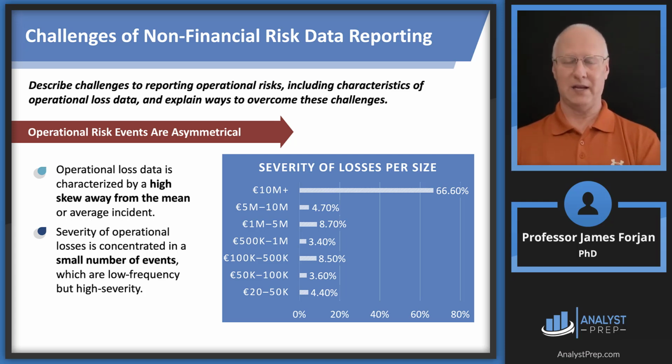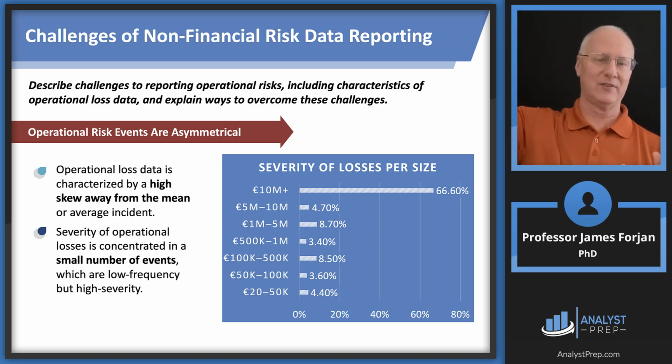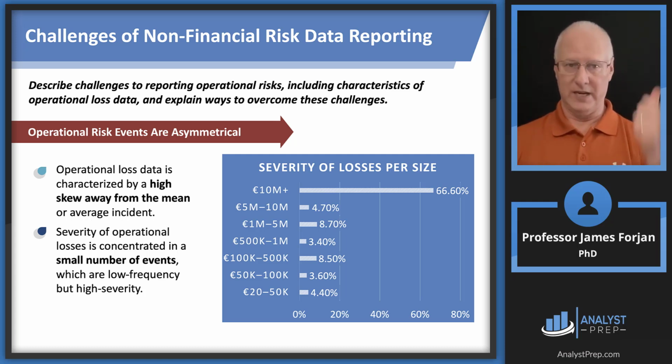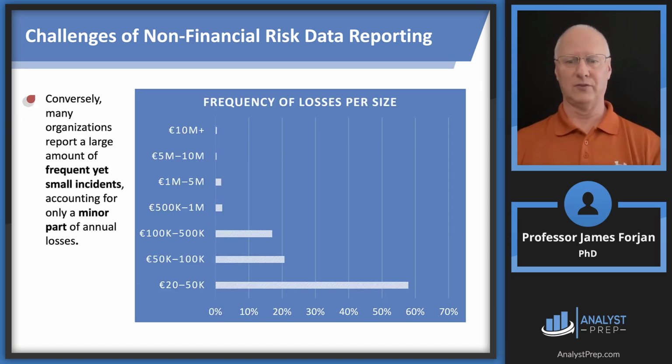But if you take the mean of all of those that are about the same, and then you add the excess over there in the 10 million loss, which is this big loss, well, that tells you that the distribution is not normal. So the exam question is probably that first teardrop point. We need to worry about skewness. Maybe we also need to worry about kurtosis. We'll talk about that here in just a second.